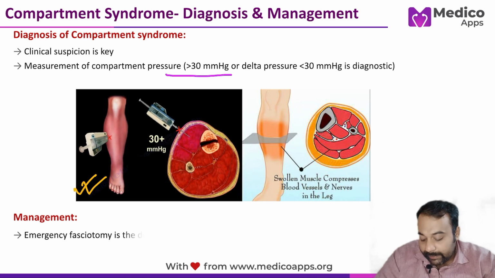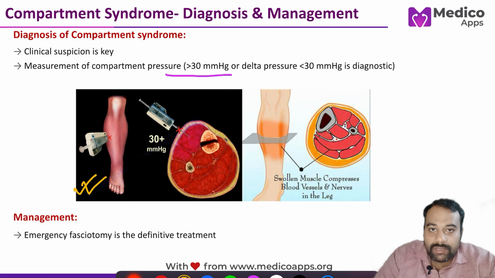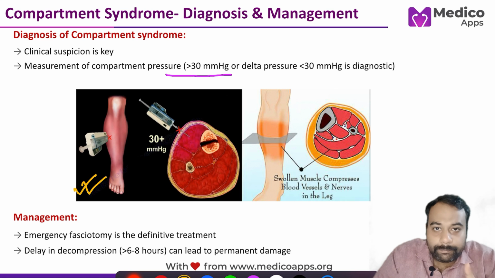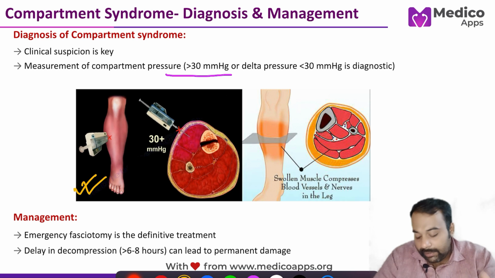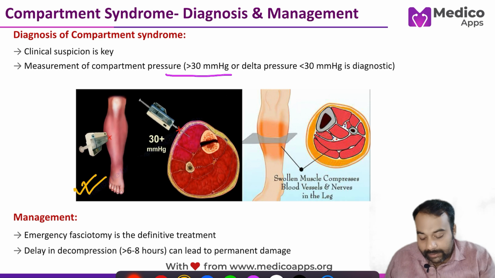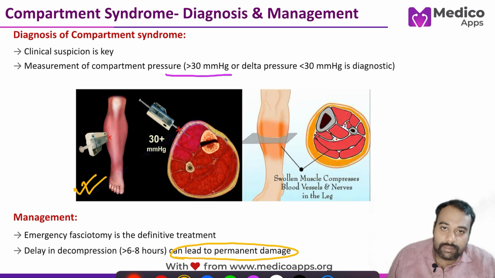Regarding the management, emergency fasciotomy is the definitive treatment. In case of emergency, one should not wait around 6 to 8 hours, because delayed decompression can lead to permanent damage, right? Then obviously there is no point in doing the fasciotomy.